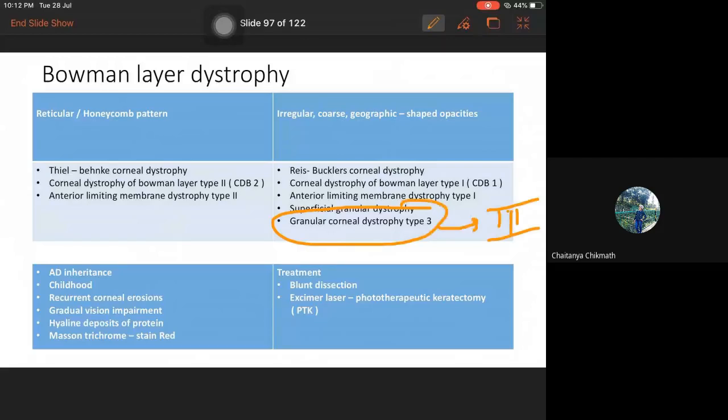What is the difference between these two? Thiel-Behnke corneal dystrophy has a honeycomb or reticular pattern, a hexagonal pattern on the cornea, just like the endothelium. But Reis-Bücklers looks like a geographical ulcer; it's an opacity just beneath the epithelium.